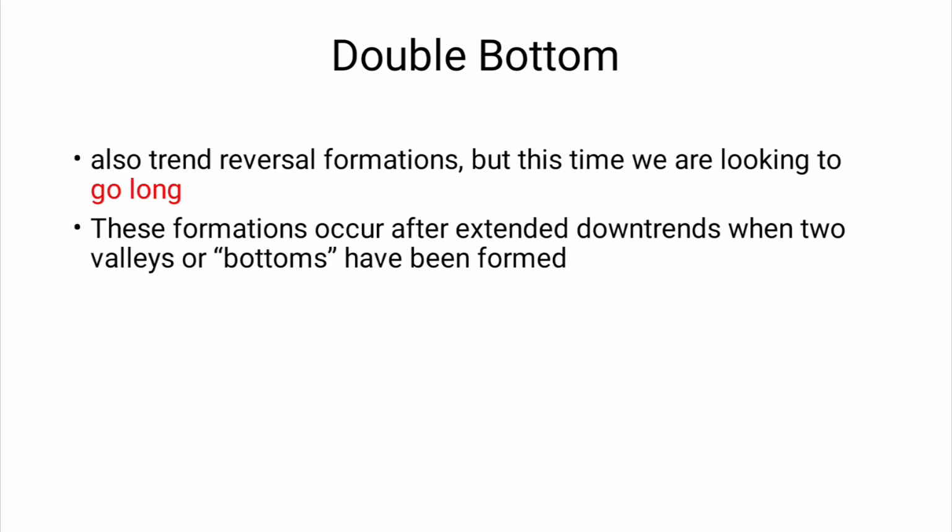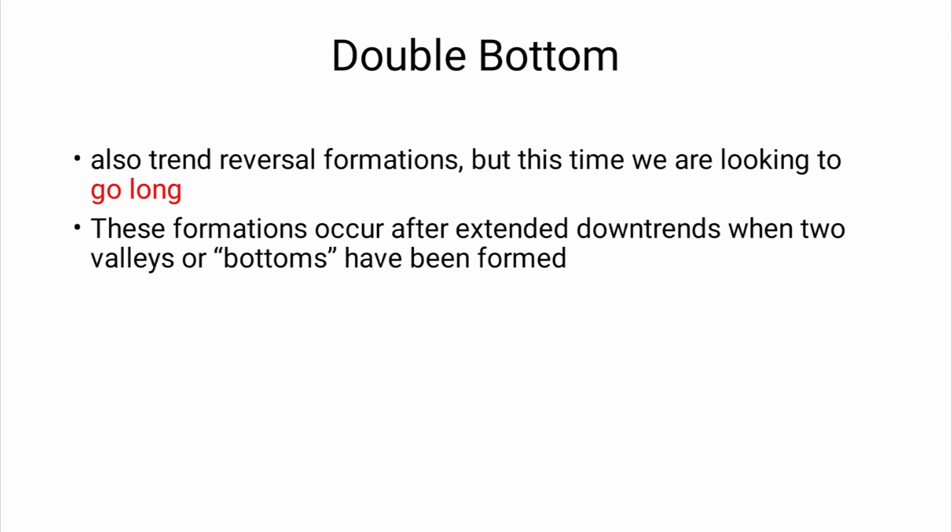The double top is also called an M pattern. There are two legs. A double bottom is also called a W formation. It's used to go long when you want to buy.